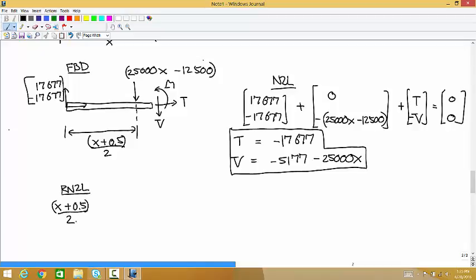That's the moment arm. And the force is 25,000x minus 12,500. If this is the about point, that would be a clockwise moment. So negative. And then we have plus M minus Vx is equal to 0. And M equals... Left as an exercise to the reader.